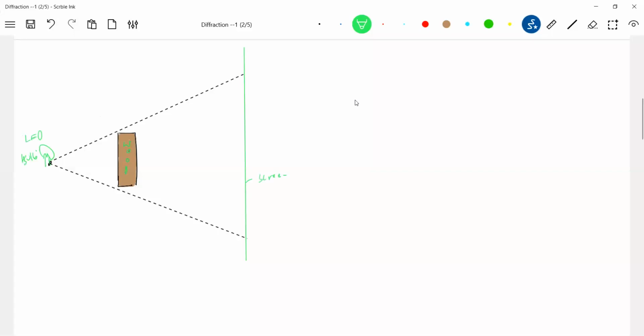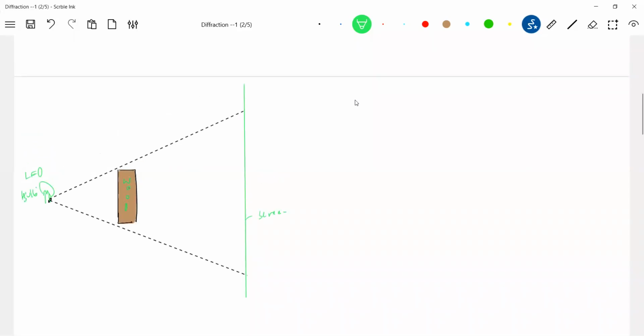According to the ideal, according to wave optics and also geometrical optics, AB should be shadow, and next there should be light, because here light can go and be incident. So in this region AB, no light, or you can say shadow.